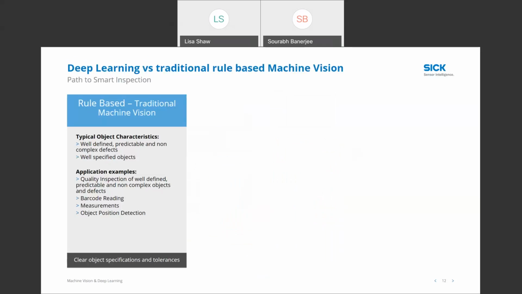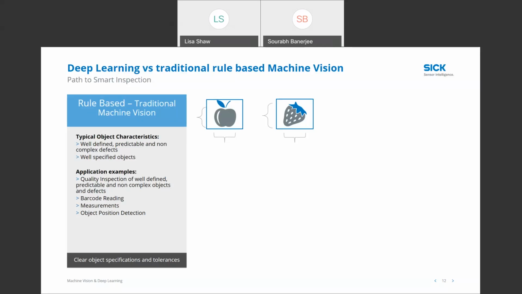So this relates to the two basic differences. One is the traditional rule-based learning, where you, as a machine vision expert, are trying to define some predictable features of that object before you start doing the inspection. These features need to be well-defined and predictable, and if it's a complex object, it adds even more complexity.